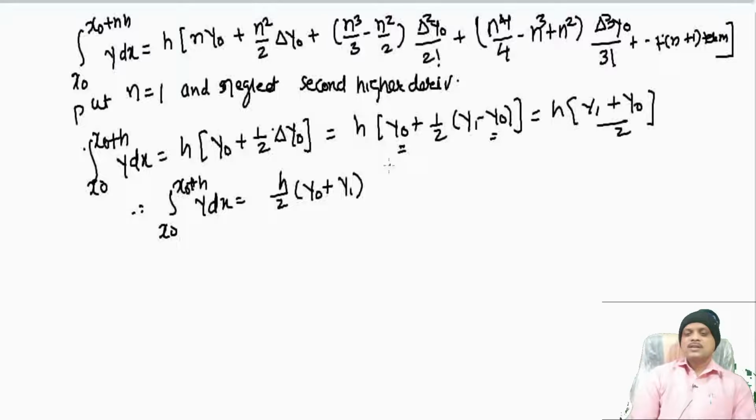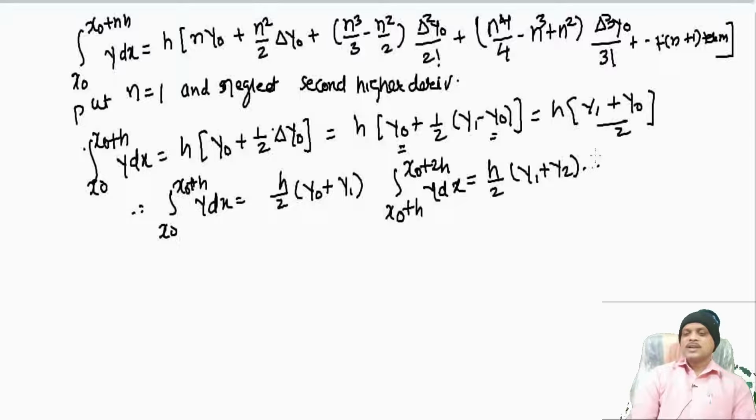Similarly, if we calculate the integration from x0 plus h to x0 plus 2h of y dx, it is h divided by 2 into (y1 plus y2).